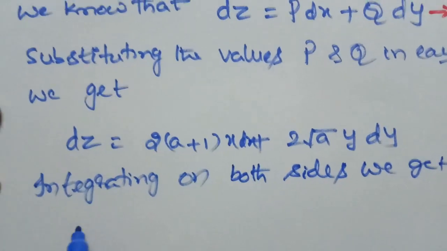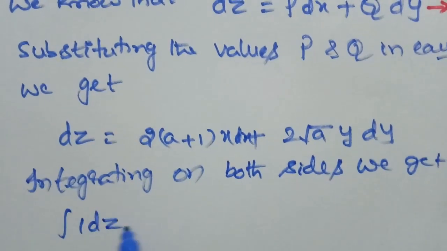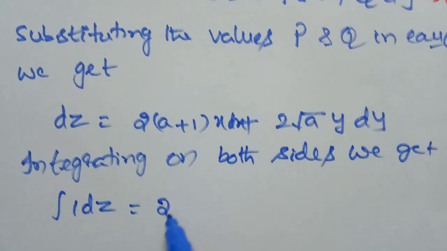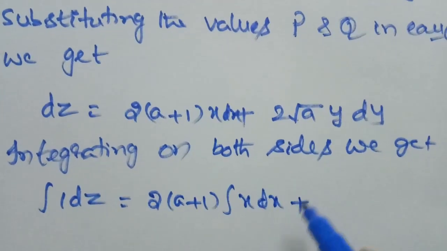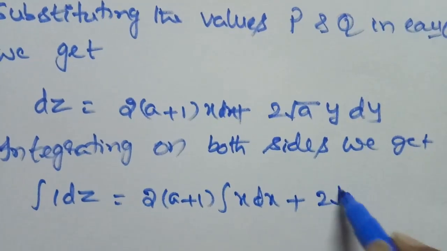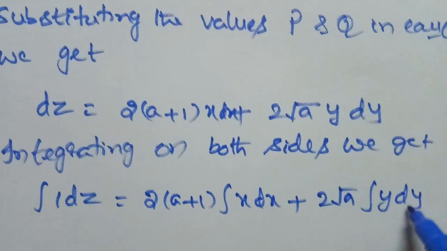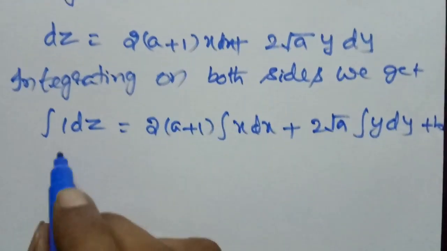We get integration of 1 dZ is equal to 2 into a plus 1, which is a constant, integration of x dx, plus 2 into root a, which is a constant, integration of y dy, plus constant of integration.